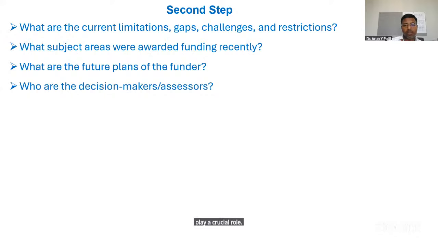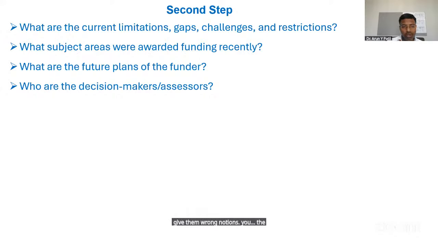Who are the decision makers or the assessors? Remember, the people who are considered as the reviewers for these funding proposals are the experts in that domain. So you can't even fool them, or give them wrong notions.